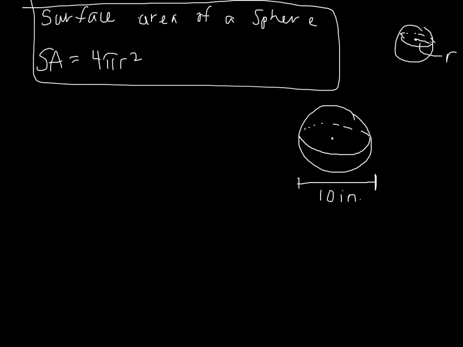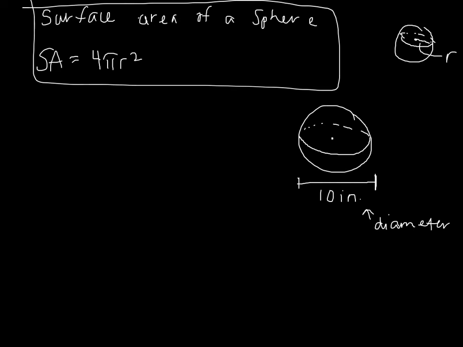If you can guess, when I see this, I'm going to say, well, that goes from one side of the sphere to the other side of the sphere. So this is going to be a diameter, and our formula does not call for a diameter. Our formula calls for a radius.